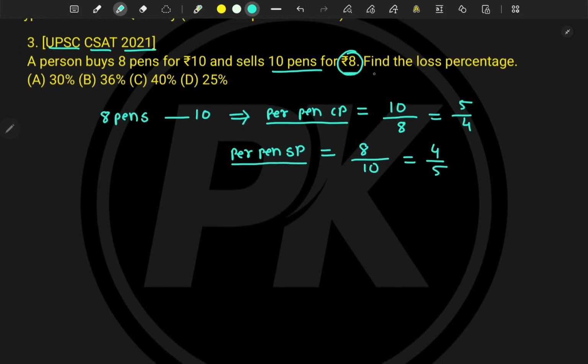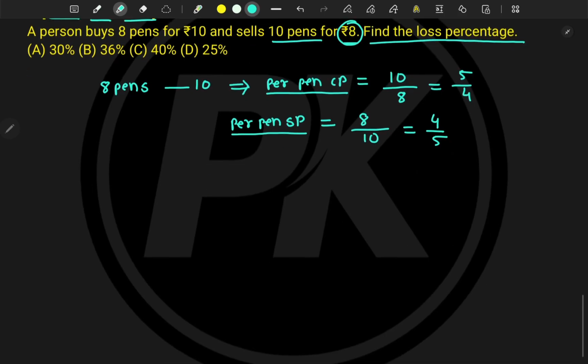Now the statement is, find the loss percentage, right? Now what is loss here? So percentage loss, how we used to calculate it? Selling price is lower, cost price is higher, hence cost price minus selling price divided by cost price into 100. That is the formula we have seen.